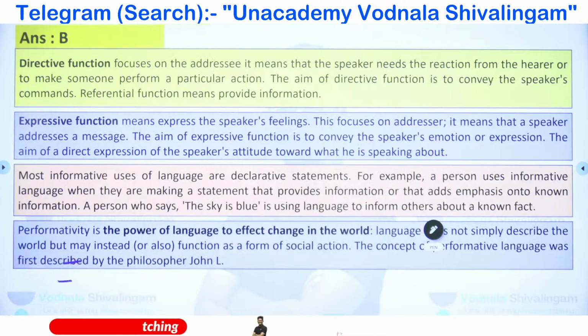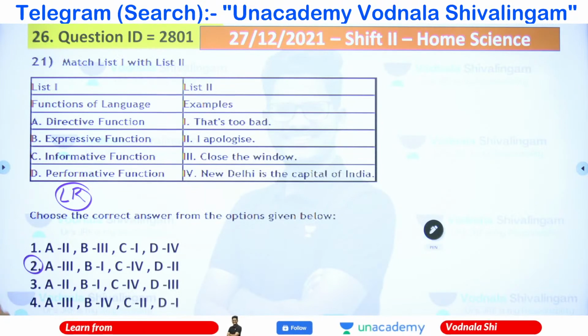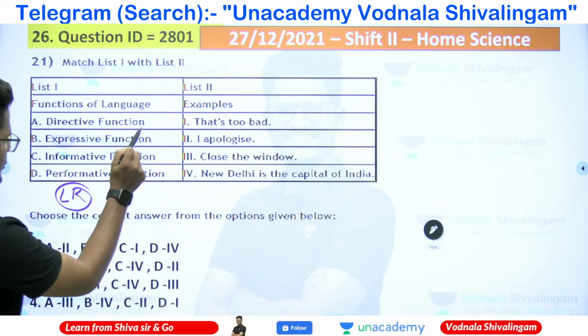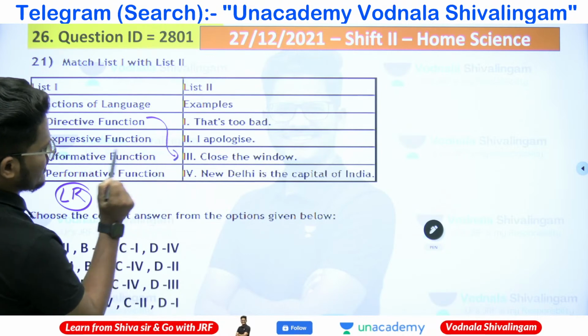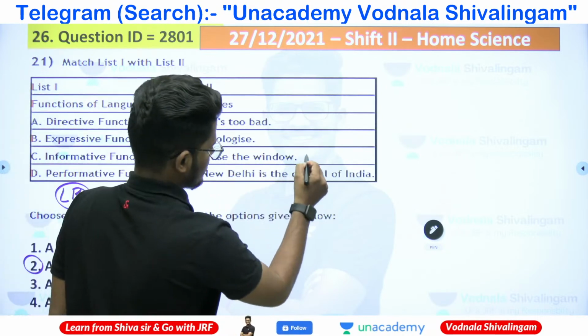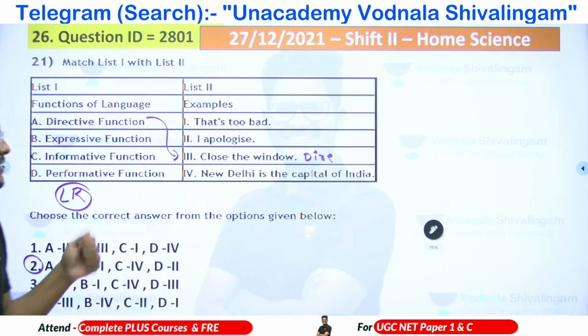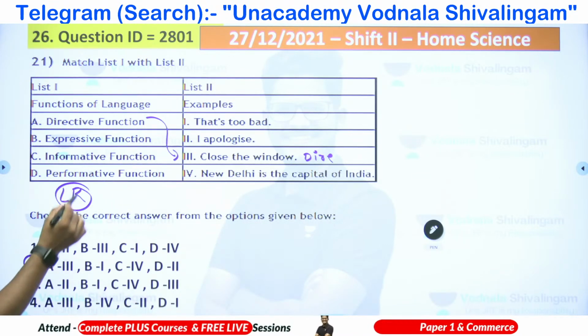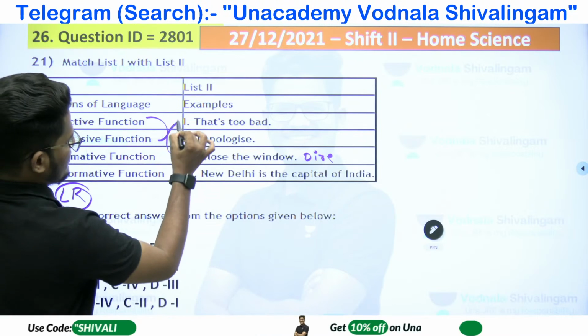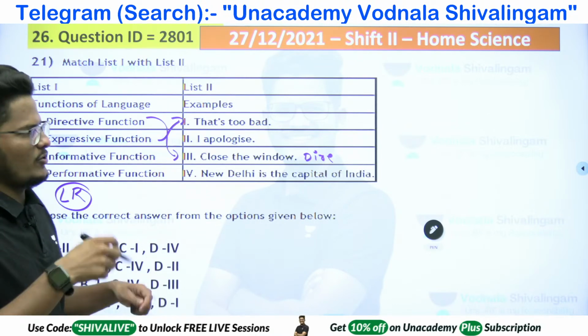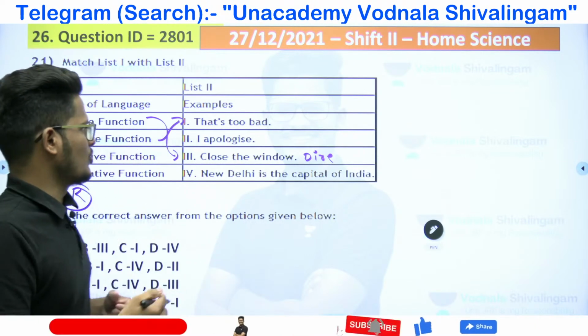Let's see what the answer is. Option B is the given answer. That is, directive function is the third one, which is "close the window." You directed someone to close the window. This is a part of giving direction or instruction to another person. Expressive function is the first one, that is "too bad." You are expressing sympathy or some type of emotion in this.